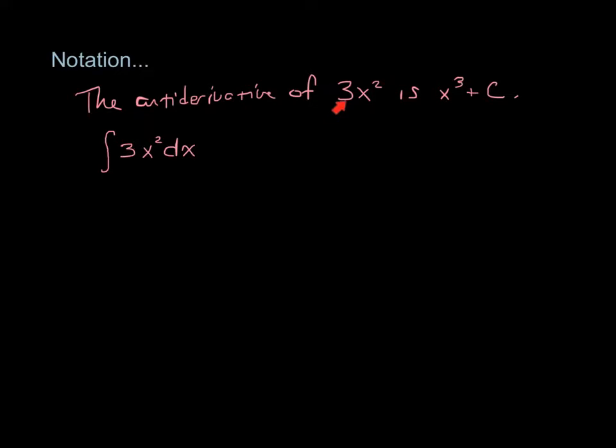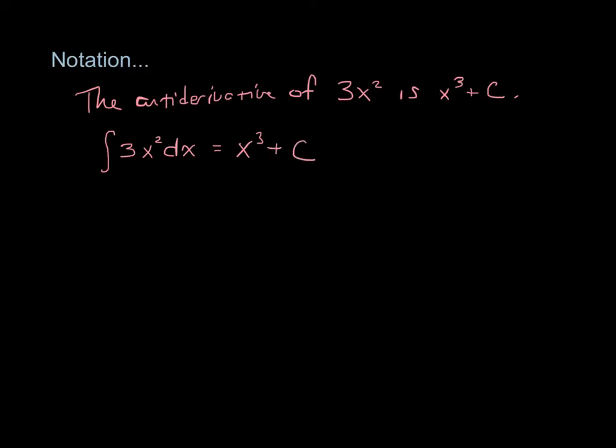We're looking for the antiderivative of 3x squared, so 3x squared goes here, in between our elongated S and our dx. And this is here because when we take a derivative, remember it's with respect to a certain variable. So here we're taking the antiderivative again with respect to x. So this is equal to x cubed plus c.